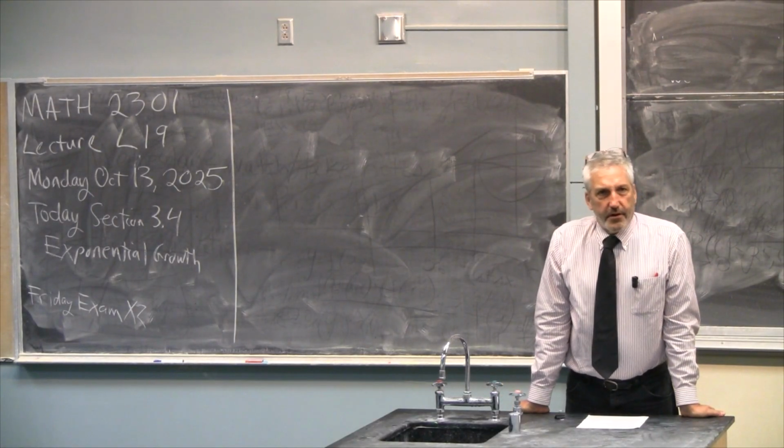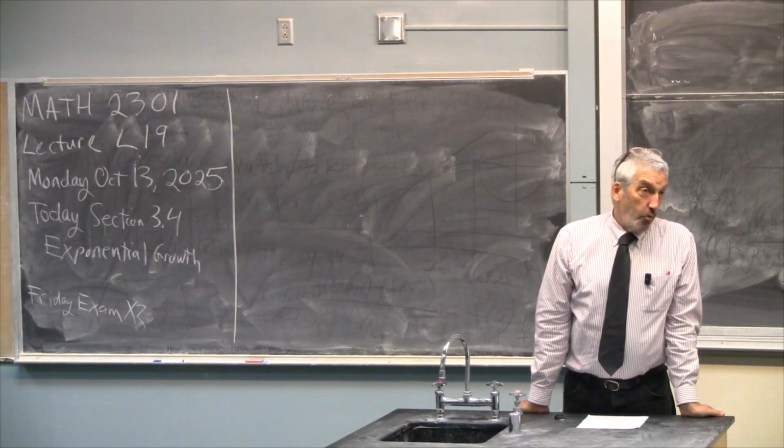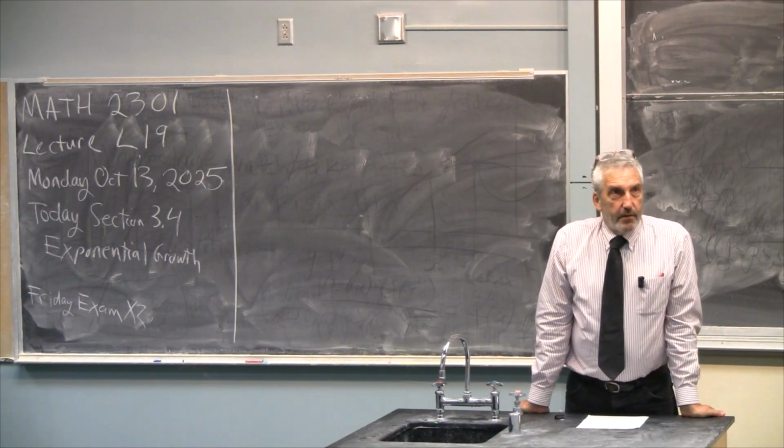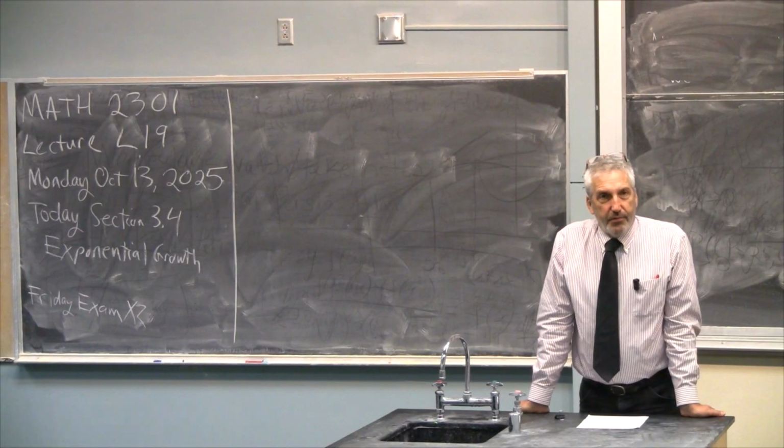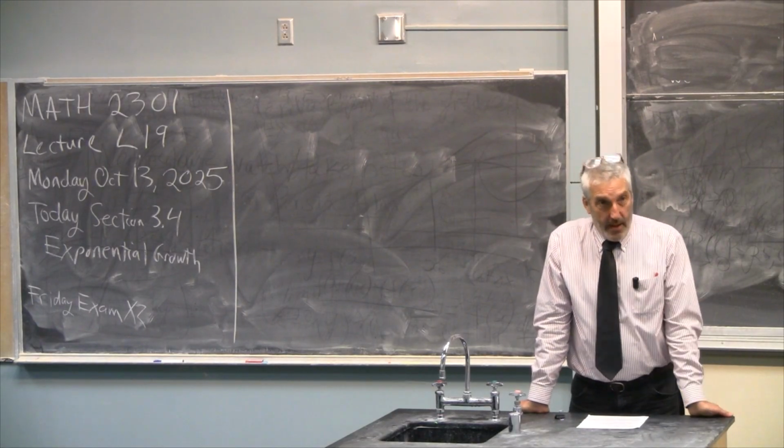One is an introduction to what are called differential equations, and that's the first topic. The second topic is an introduction to what's called exponential growth. And then the remaining 3 topics are 3 kinds of examples.